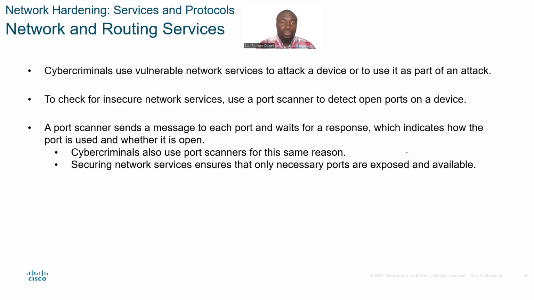So how can you use that as security? Cyber criminals use vulnerable network services to attack a device or to use it as part of an attack. Okay, to check for insecure network services, use a port scanner to detect open ports on a device.